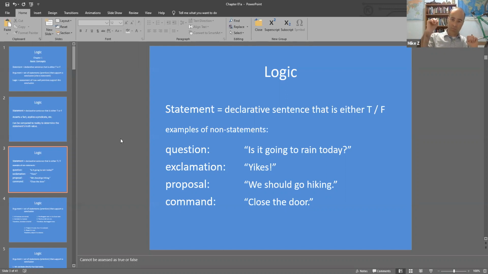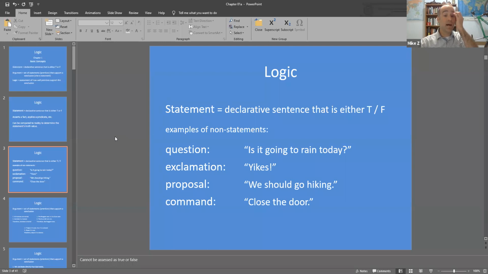None of these can actually be assessed as being true or false. If I just ask a question, the question itself isn't true or false. It's the statement that's an answer to the question that could be true or false. Or a command, like close the door. That's just telling you what to do, not a statement that can be assessed as true or false.